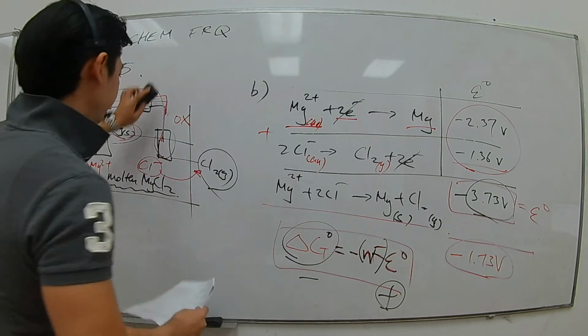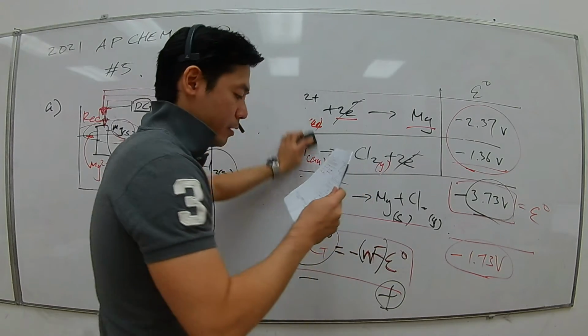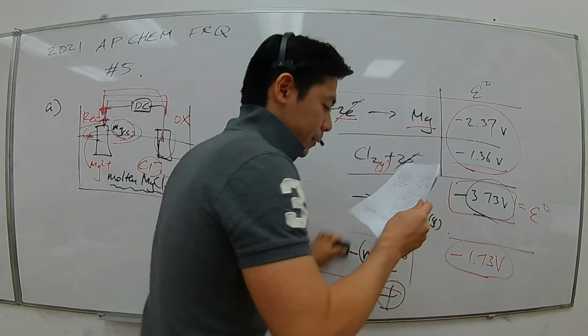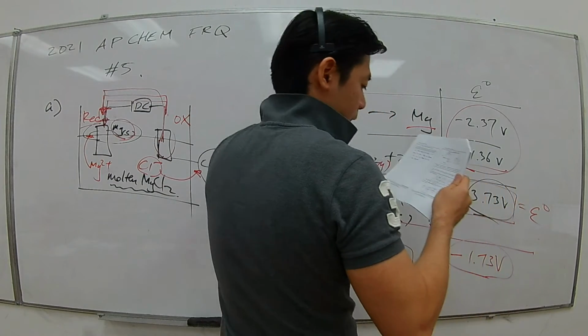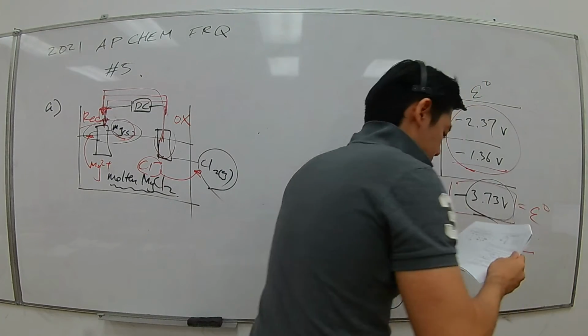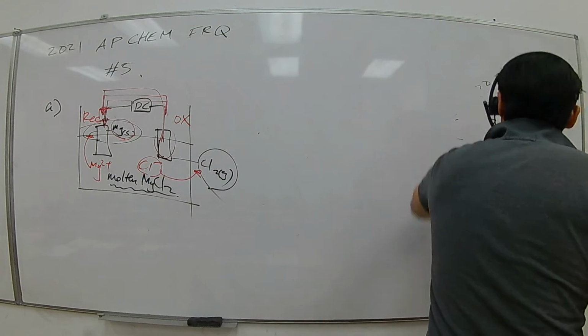Part C, the question is asking, if the current in the cell is kept constant at 5 amps, how many seconds does it take to produce 2 grams of magnesium at the cathode?